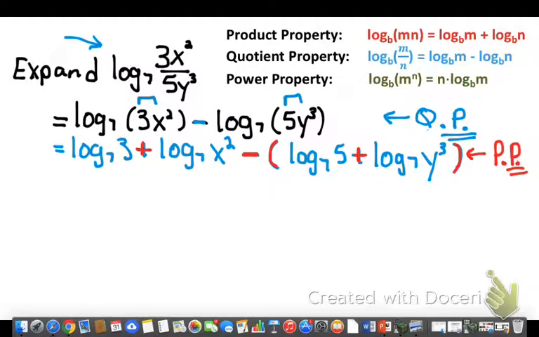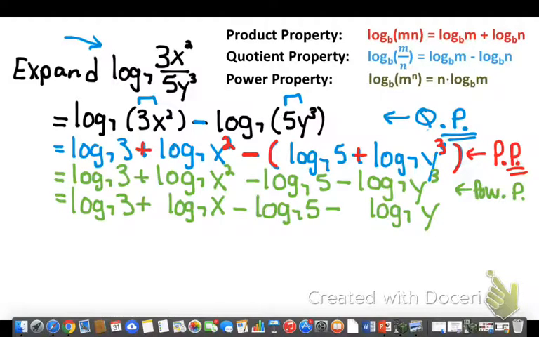The next thing I want you to notice is we have an x squared and a y cubed. So that means we're going to use our power property. So when we distributed the minus sign, we ended up with a negative log base 7 of 5 and a negative log base 7 y cubed.